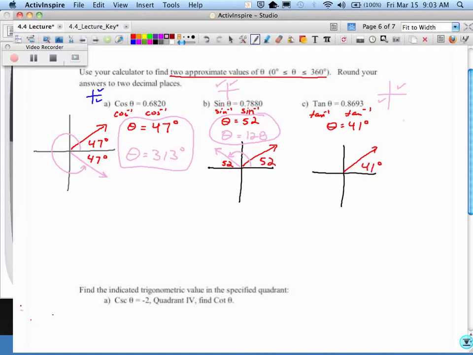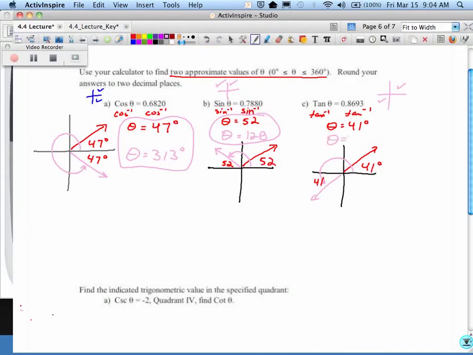So where else will tangent produce a positive answer? Down in the third quadrant. Draw the terminal side in the third quadrant and wrap all the way around to it. That's really the angle I'm looking for. I take my reference angle, 41, and put it there. Now I'm 41 degrees beyond 180. So what is that? 221.